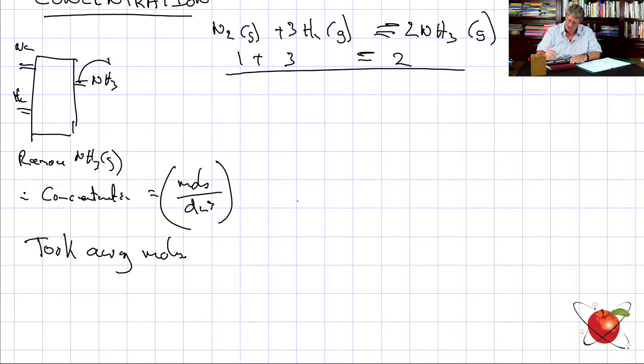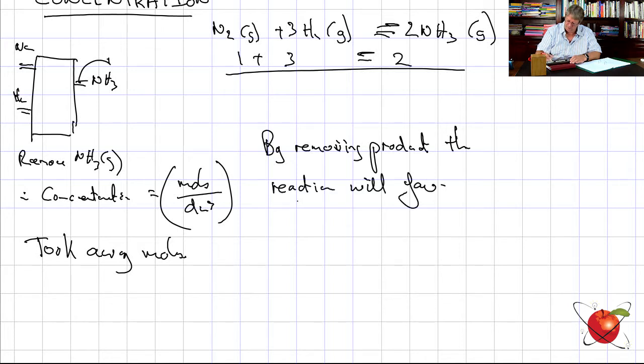So therefore, by removing product, the reaction will favor forward, okay, to produce more product.